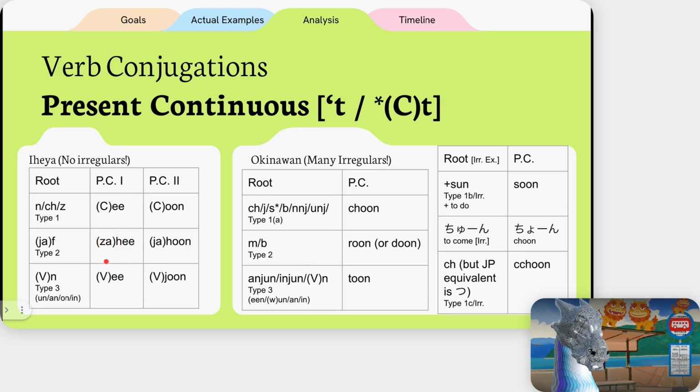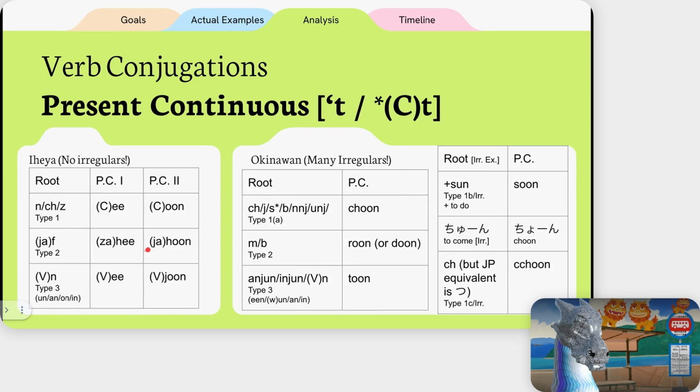For example, to go out, it's unja fung. So unja e atjung, right? And then you have unja hong, right? He atjung or unja hong.